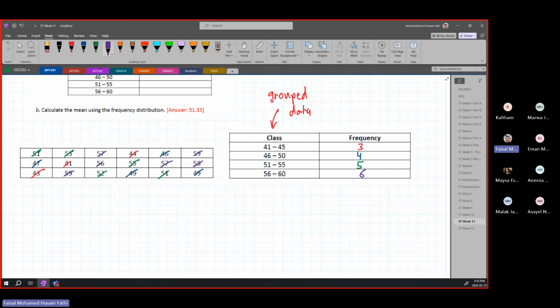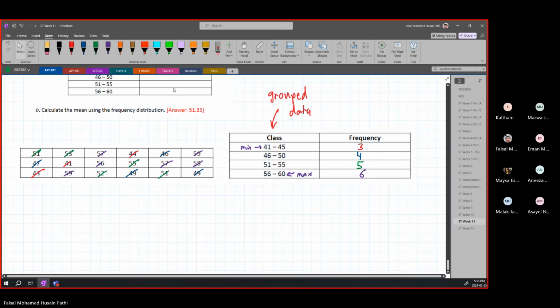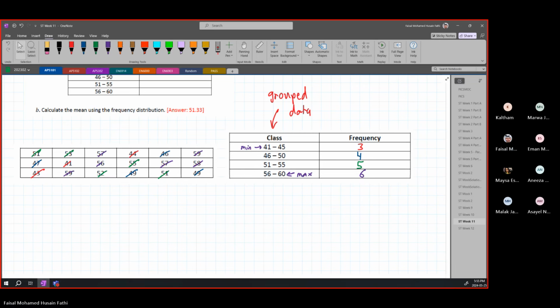So we have our frequencies, and notice they are already ordered from lowest to most, all right? So it's from 41 at the beginning, and it ends at 60, all right? So this is our minimum value, and this is our maximum value, okay? Now, when it comes to finding the mean, okay? To find the mean, so we have our table.